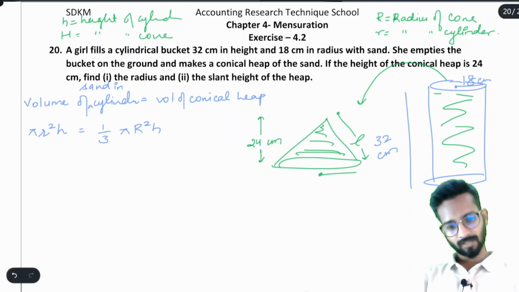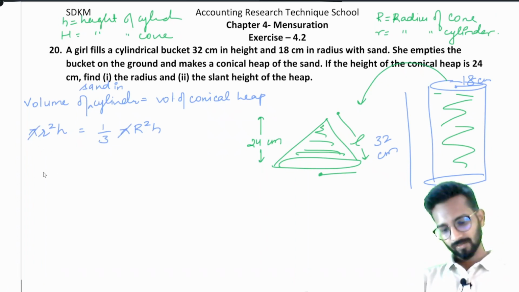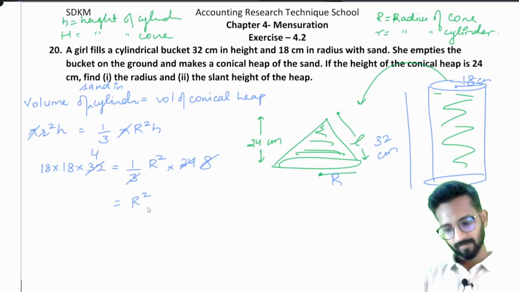Okay, so now pi will be cancelled. R square is 18 square, so this will be 18 multiply 18. Height is 32, equal to 1/3 R square, and height is 24 centimeter. So 3, 8 and 8, when you cancel this, it will be 4. So R square will be 18 into 18 into 4.